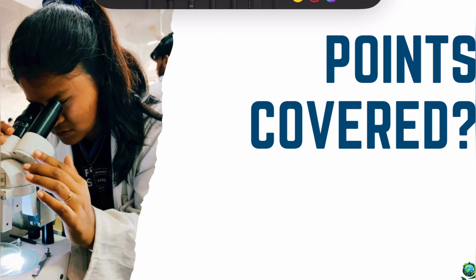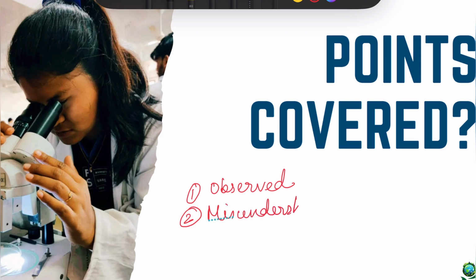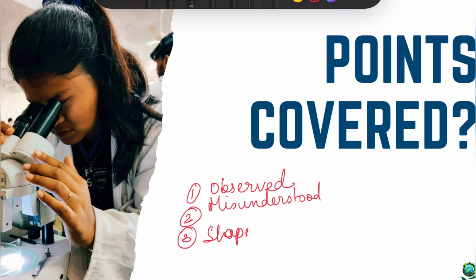Here we have seen how plant diseases were observed, how they were misunderstood, and how scientific breakthroughs shaped their field. Okay. As promised, I will be uploading separate videos on the major historical events.